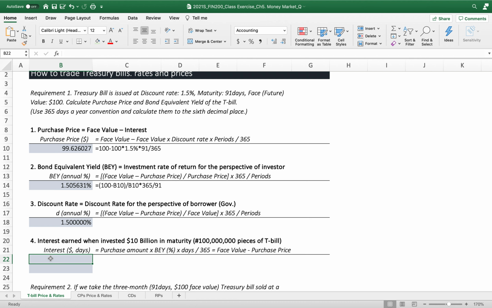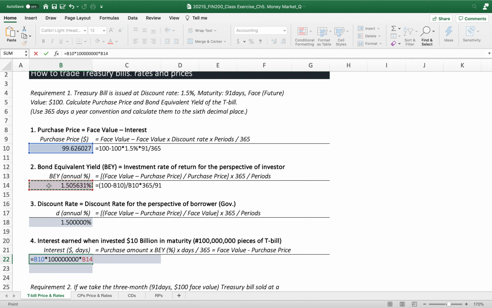So how much is the purchase price? Now we got this number, right? Which is purchase price times how many pieces of a treasury bill to get $10 billion at maturity, right? 100 million. Ooh. Okay, so 10 times the purchase price is 100 million, and then times, now we use this BEY, the bond equivalent yield.